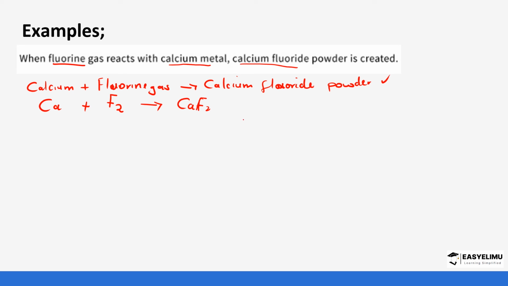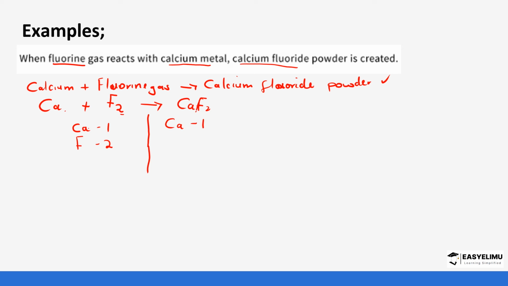The next thing that we do, we calculate the number of atoms in the reactant and the product so that we can balance it out. So let's do the calculation together. So calcium, we have one atom as you can see. Fluorine, we have two atoms. And then in the product, calcium, we have one atom.